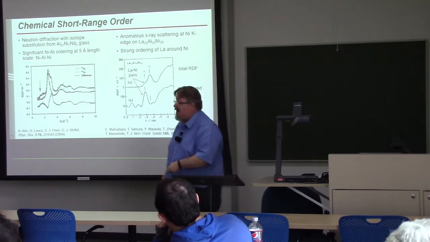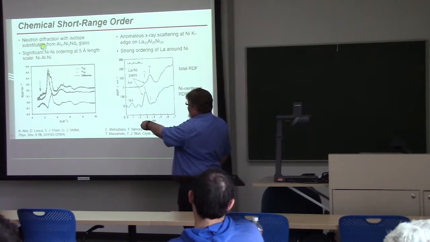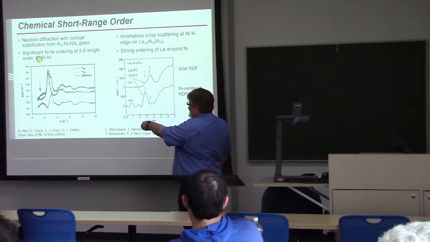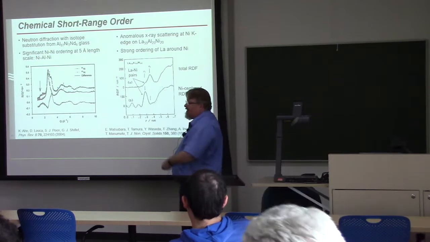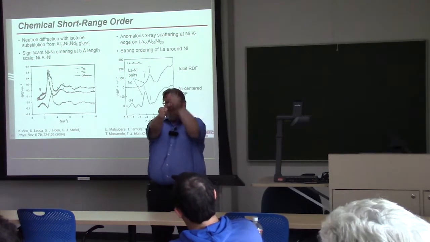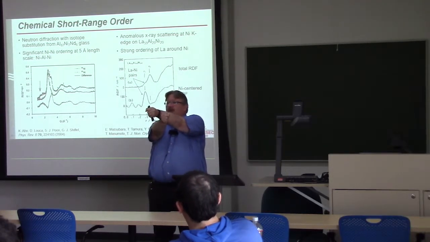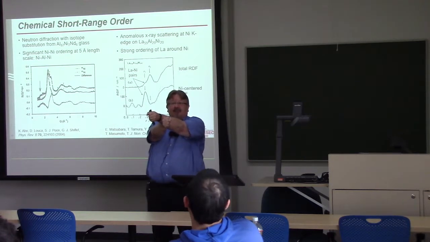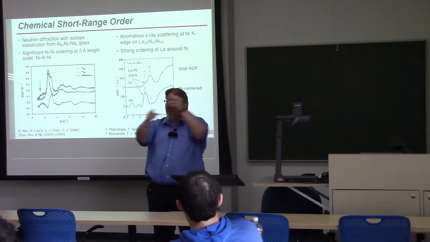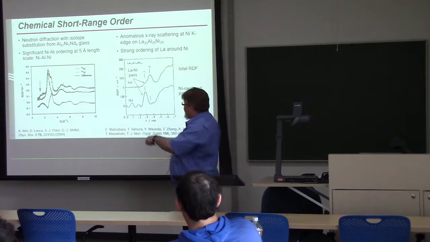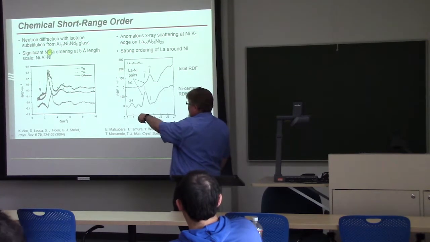So what we have here is strong aluminum ordering surrounding nickel and a tendency to have nickel, aluminum, nickel coordination inside the glass that is, again, stronger than you would expect from just randomness and the composition.